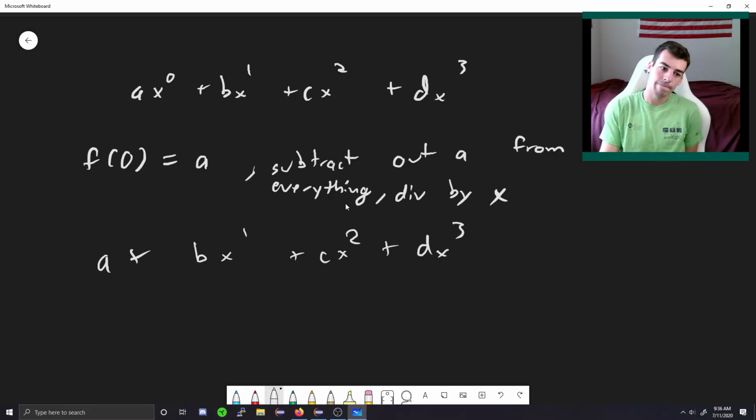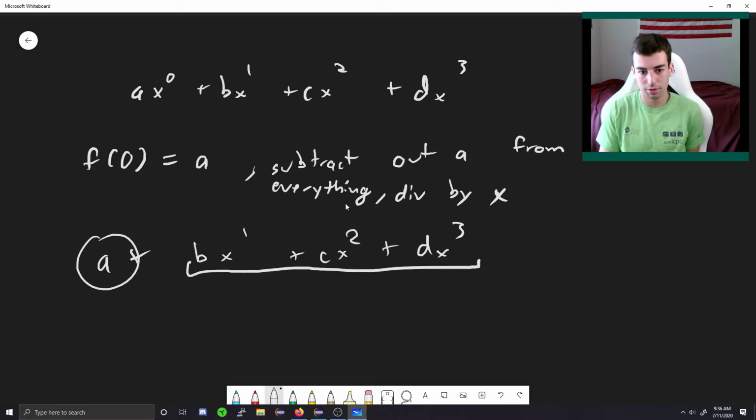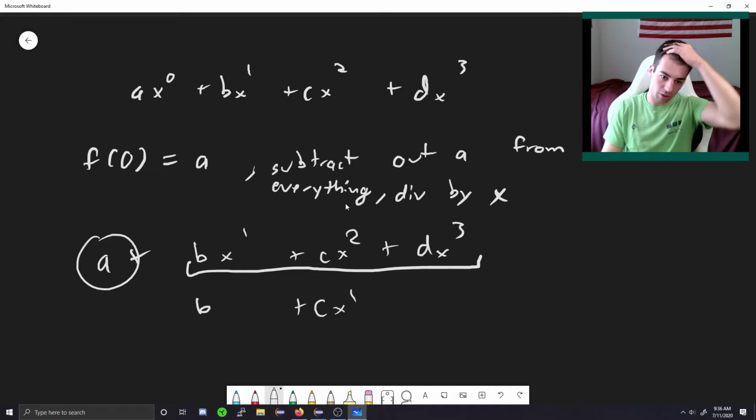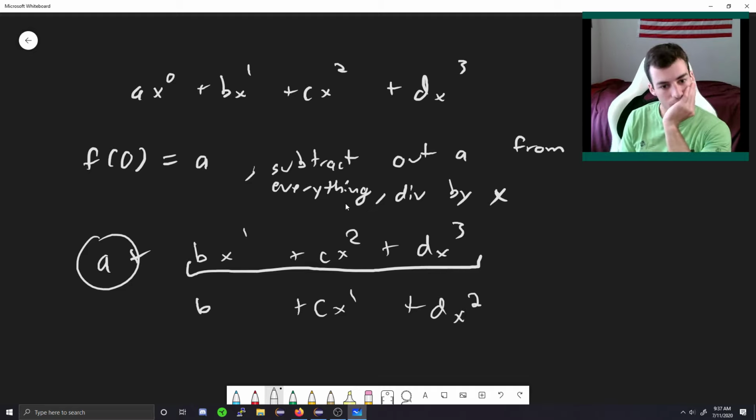We subtracted out this a. Now we have this. If we divide this by x, don't we get b plus c x1 plus d x squared? But I guess we don't.